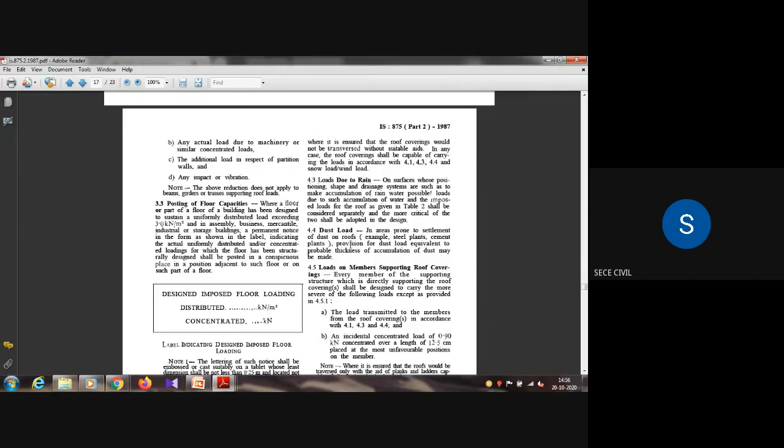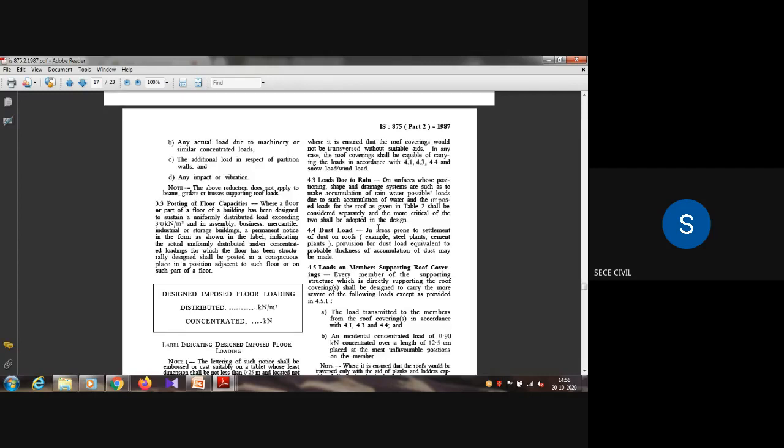Then dust load. Dust load depends upon the location and roof. If there is not proper maintenance, dust may accumulate. In areas prone to settlement of dust on roofs, dust load depends upon the location of the building.